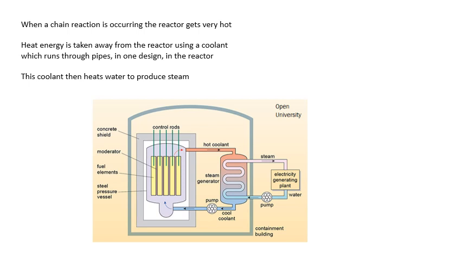Some of them use carbon dioxide, some use pressurized water, or you can have liquid sodium. Then the coolant, which is very hot, is used to heat up water to make steam in a boiler. That steam goes through a turbine connected to a generator and makes electricity.